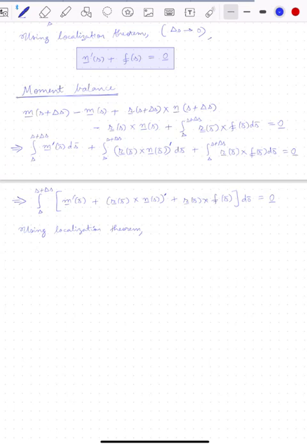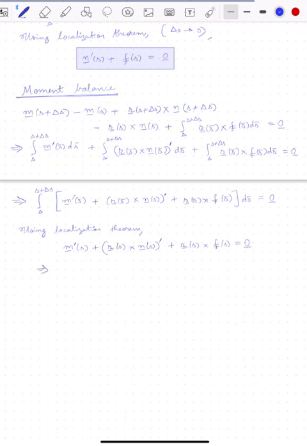So using the localization theorem, what we had is M vector prime of S plus R of S cross N of S prime plus R of S cross F of S is equal to 0.